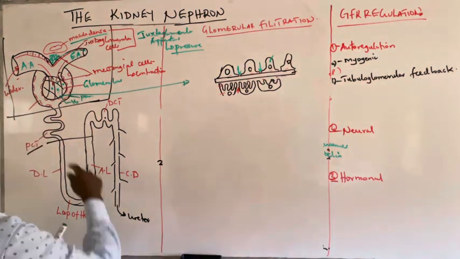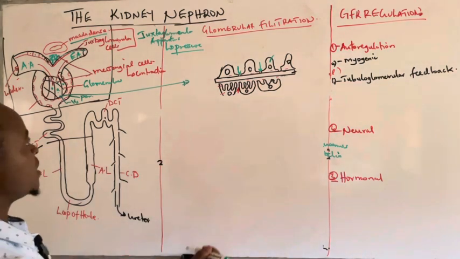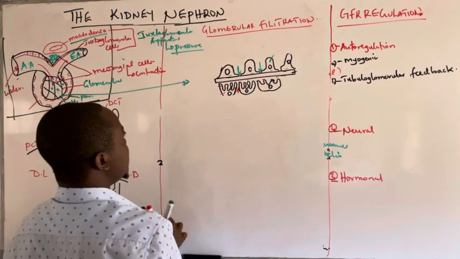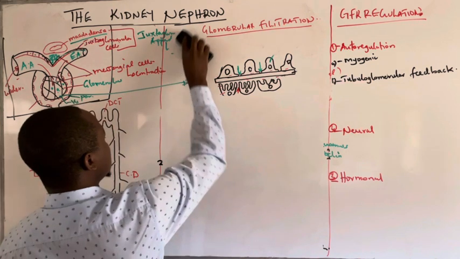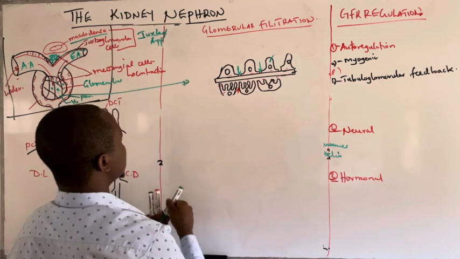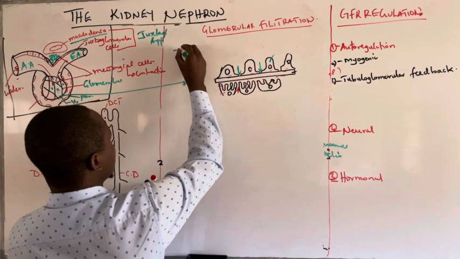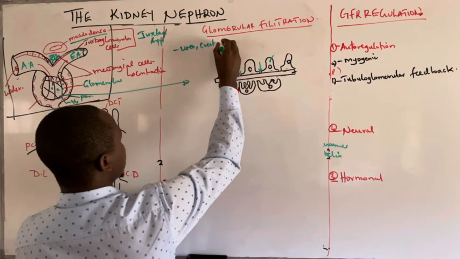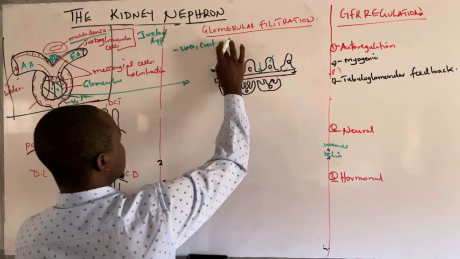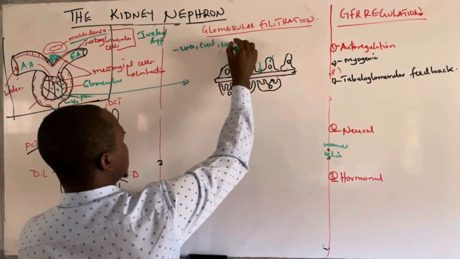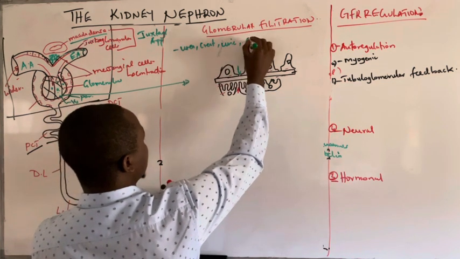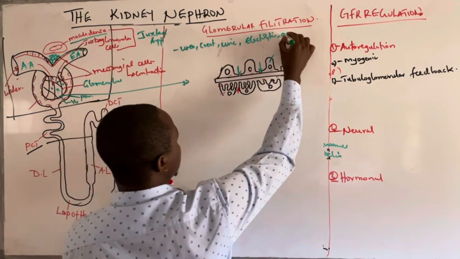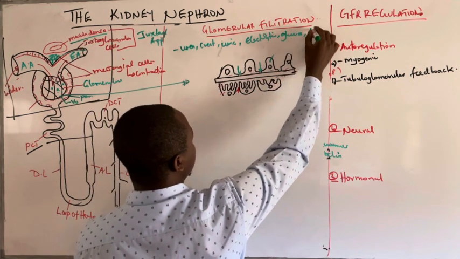So when blood is coming, it is containing solutes. When blood is entering the glomerulus, it has components like waste products of metabolism like urea, creatinine, ammonia, uric acid, it has electrolytes, glucose, and water.